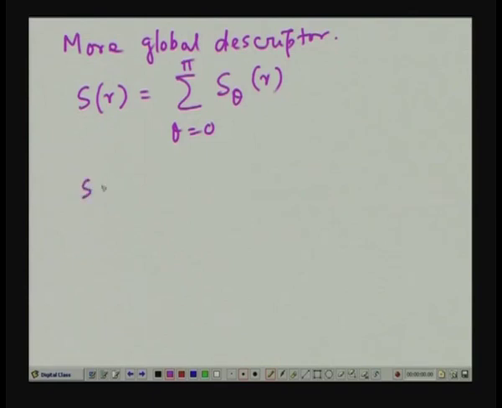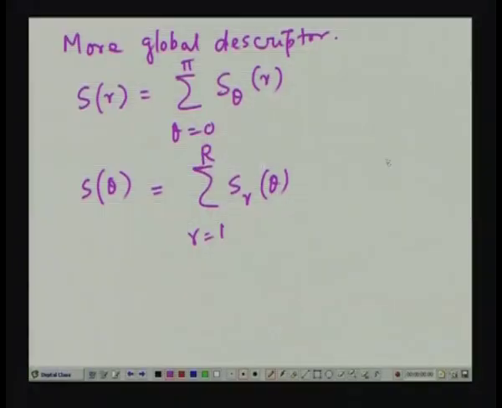The other descriptor that you can obtain is s theta, which we take from s r theta, where r varies from 1 to capital R. This capital R is related to the dimension of the image, or of the Fourier spectral coefficients that we get. Normally, if I have an image of size capital N by capital N, then the value of R is typically taken as capital N by 2.